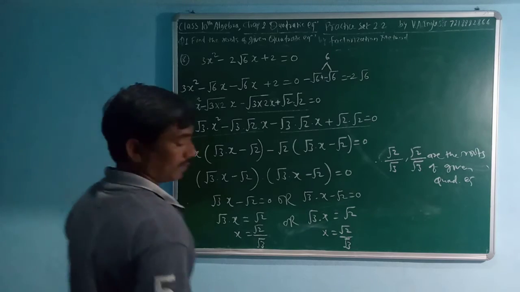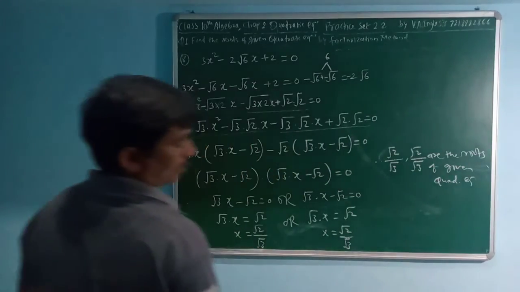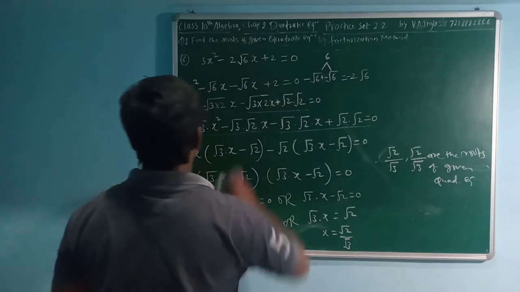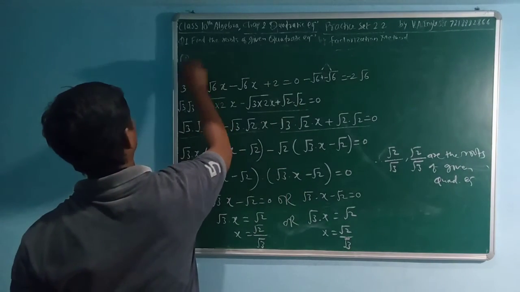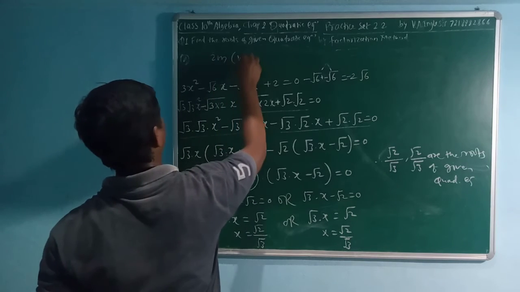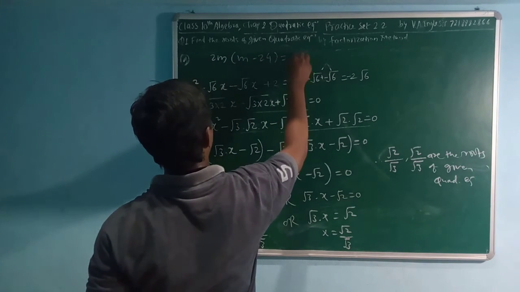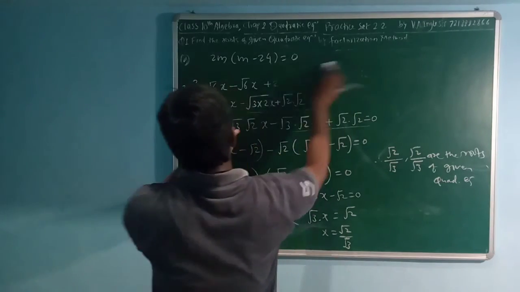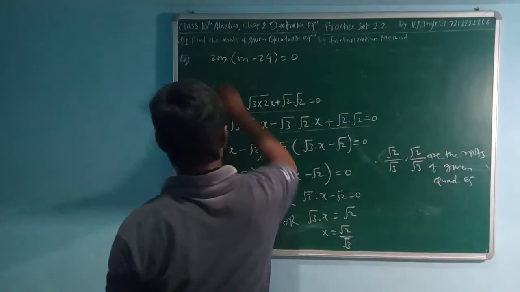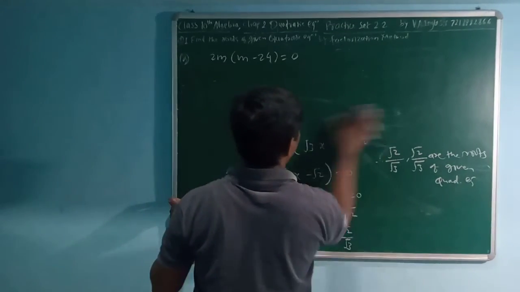Now we'll go for the question number 9. 2m in bracket m minus 24 is the example number 9. We will factorize and then we will find the roots of the given quadratic equation.